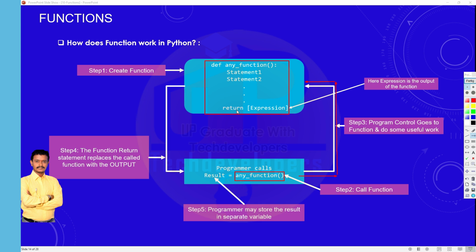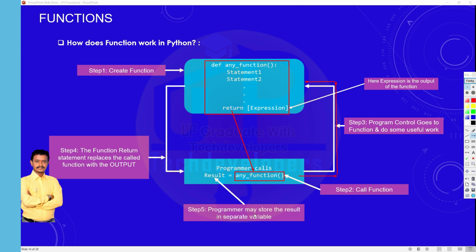This return statement has an output. This output will be placed in place of the function call. The output of the return statement will be placed in front of the client variable.